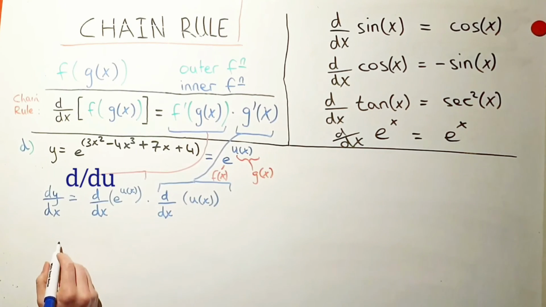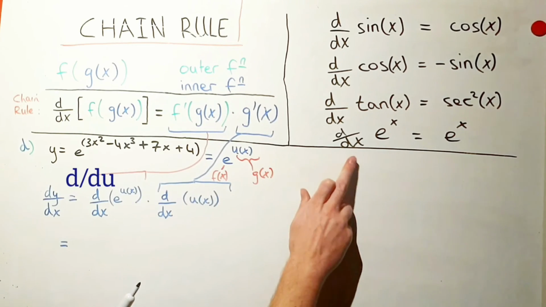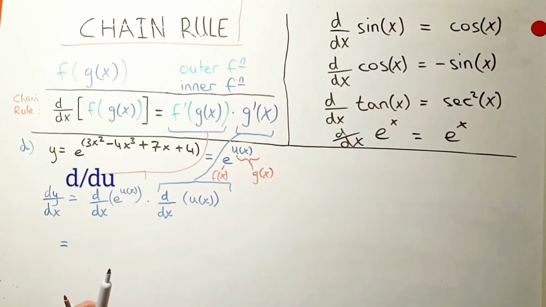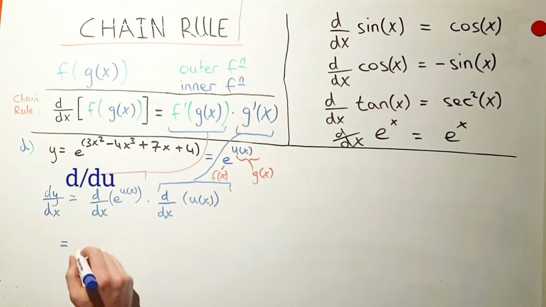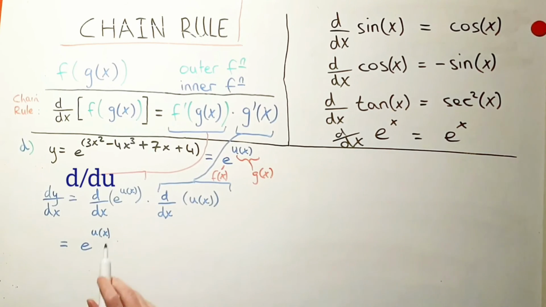Following from this, we have to differentiate e to the u of x. But we know from over here that differentiating an exponential just gives us back that same exponential value. So differentiating e to the u of x gives us back e to the u of x. But now we know that's in product with d dx of the u of x.